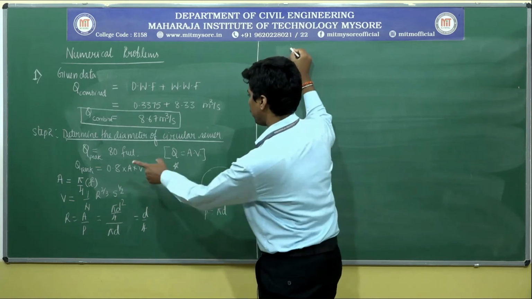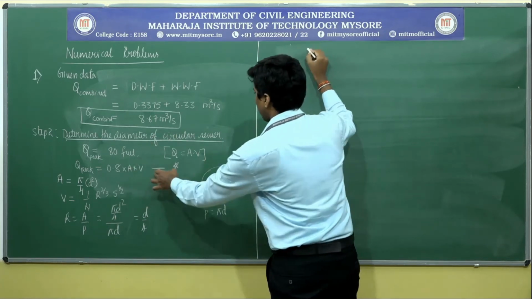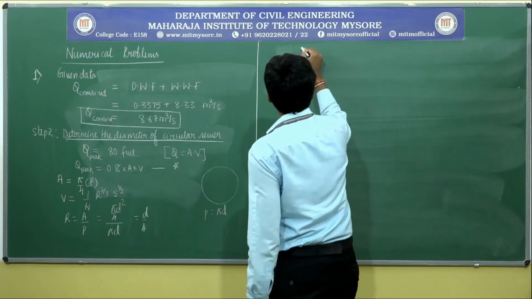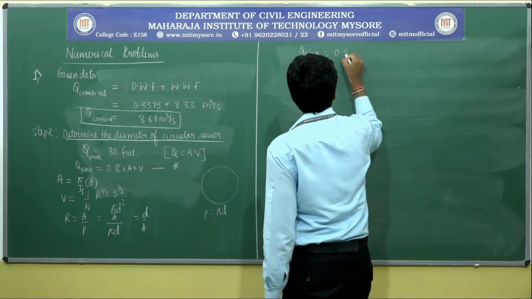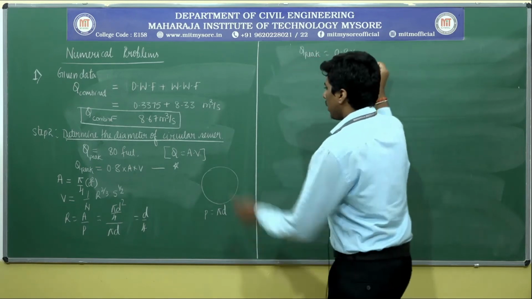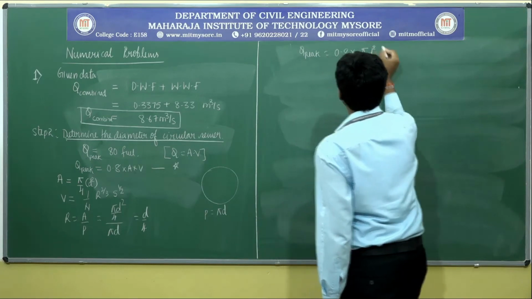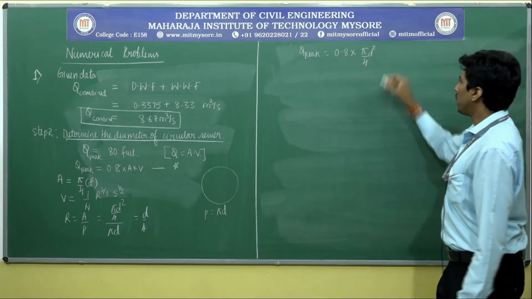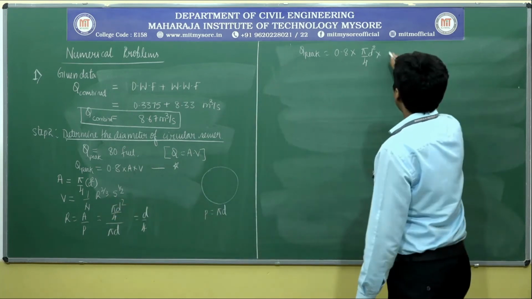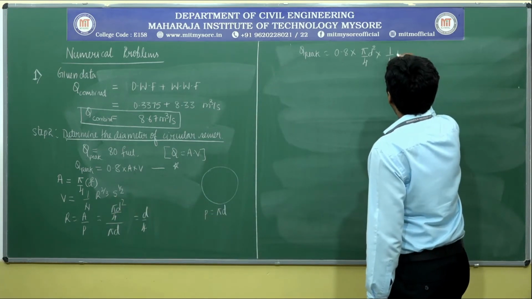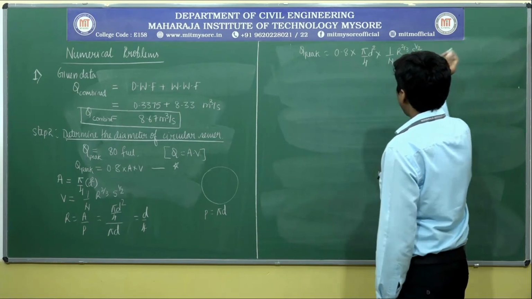Now we need to substitute all these things into the equation. Therefore Q peak is equal to 0.8, because of 80% running, times the area pi by 4 d square, into V. We have Manning's formula, 1 by n r to the power of 2 by 3 s to the power of 1 by 2.